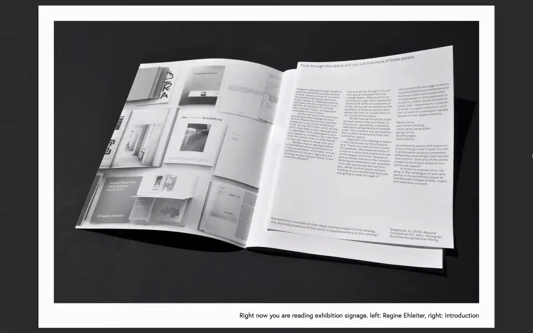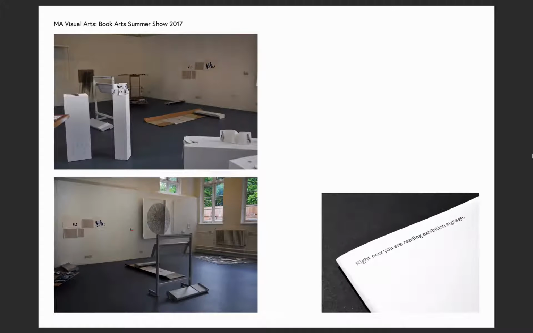So these are just 2 perspectives of the room we had during the summer show. And there's our catalogue sneaking in on the right-hand side. In the physical exhibition space, visitors would walk through the space, and we could use the movement of the audience and their body in the curation. Publications have the same attributes, but you go differently through a publication than you walk through a space.